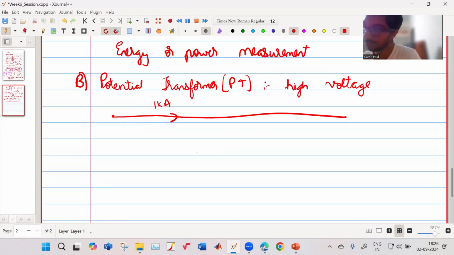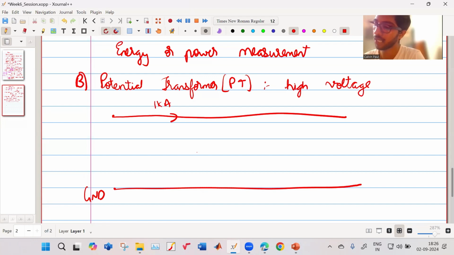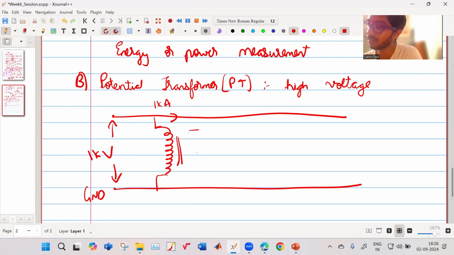There's another reference point or my ground. And the difference in voltage is, let us say, 1 kilovolt. Okay. We want to measure it. So what we do is connect a potential transformer, which is connected to a voltmeter.